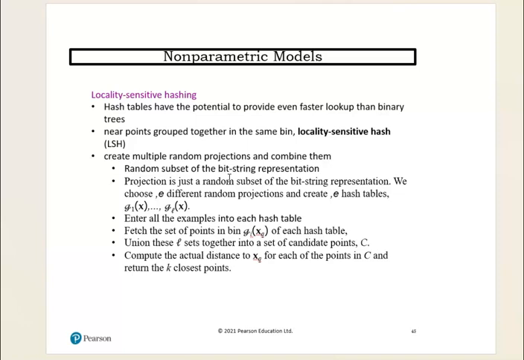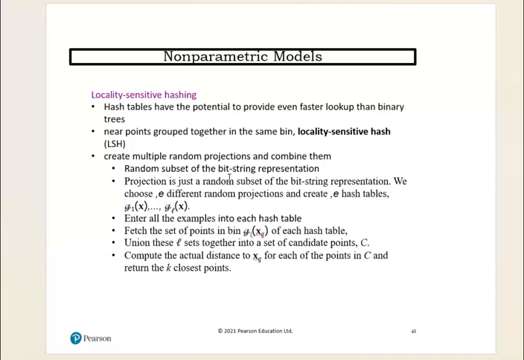But there will always be a few projections that by chance project far apart points into the same bin. Of course, this is a probabilistic problem, so it's impossible to guarantee with 100% precision that points near each other in the feature space will always be in the same bin. Okay, there will be some type of error, obviously.